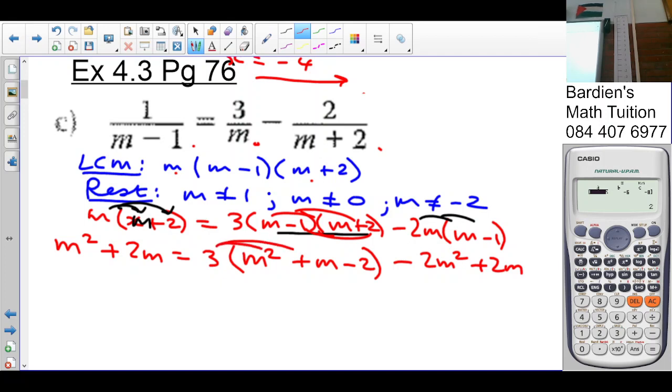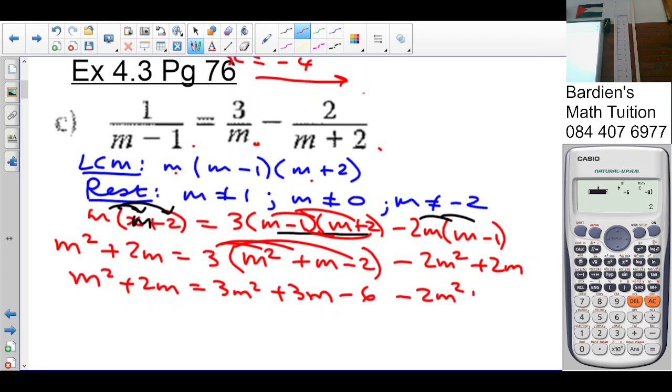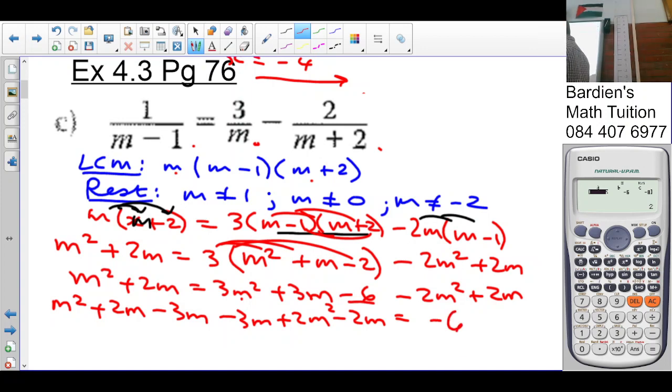I'm going to get rid of the brackets. So it's m squared plus 2m equals 3m squared plus 3m minus 6 minus 2m squared plus 2m. Put all the m's on one side and the numbers on the other side. So it's going to be m squared plus 2m minus 3m squared, I'm bringing that over, minus 3m plus 2m squared minus 2m equals negative 6.